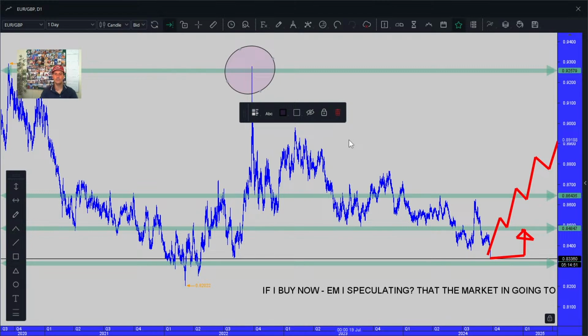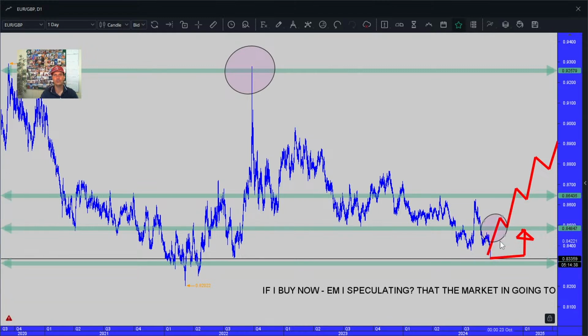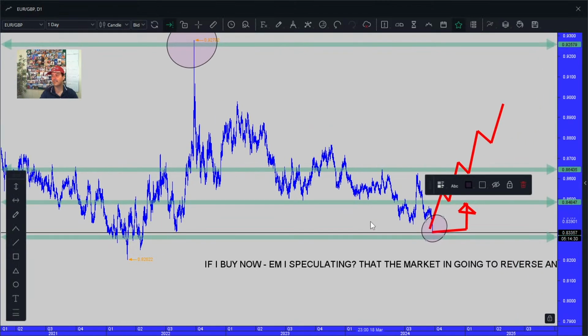Would you do the same? Would you risk your kids' college fund? Would you risk your mother and grandmother's pension going long, risking their pensions when you have no indications that this market is ready to go up?